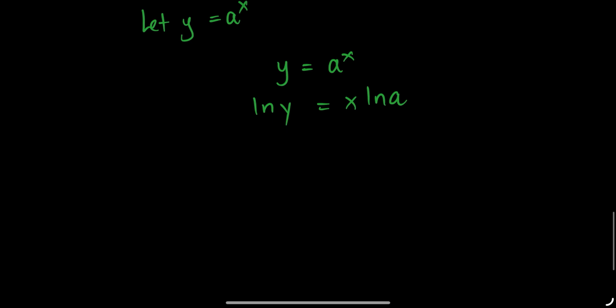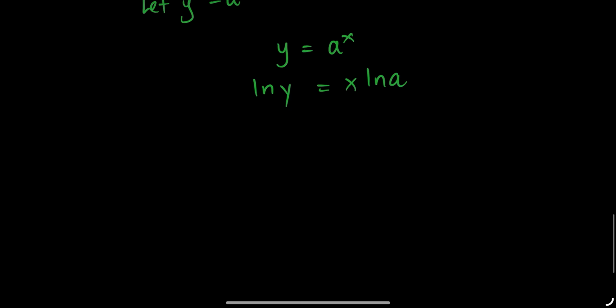Now we differentiate both sides. We get 1 over y, because we use the chain rule: we differentiate ln y first, then we differentiate y inside, so it's dy over dx. On the right, it's ln a, because if we differentiate ln a, it's just 0, so this is what we get.